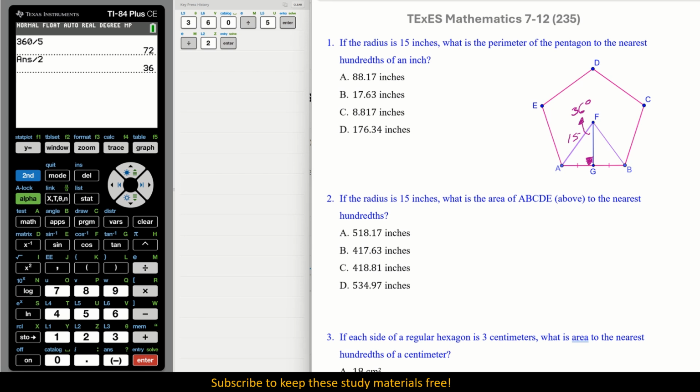Okay. And it says, what is the perimeter? So if I find this value of x, AG, we're just going to call it x, I know that I can just multiply that times 10 because there's 10 sections of that equal to that all the way around because it's a regular polygon.